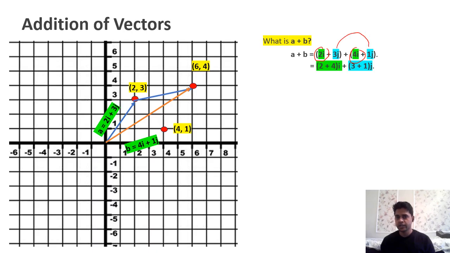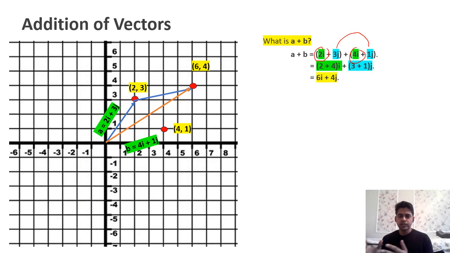Like terms can be added together. So 2i plus 4j can be written together, 3 plus 1 can be written together. So if we add them, at the end you will get 6i plus 4j, which means 6 unit displacement in x direction and 4 unit displacement in y direction.